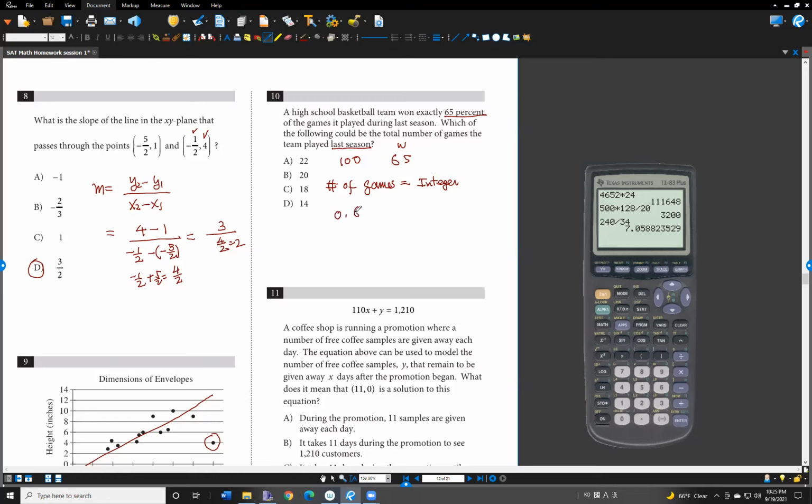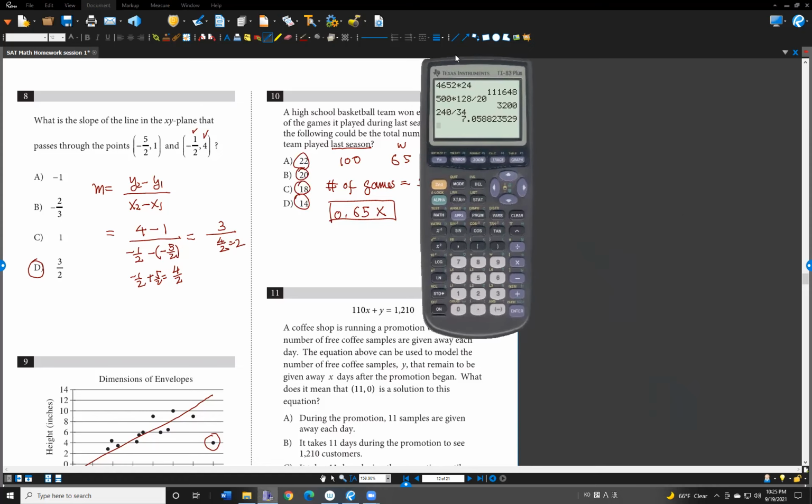So 0.65 times some number of games. For what value of these numbers is it going to give us an integer? You can quickly check. 22 times 0.65, not an integer. 20 times 0.65 is an integer.